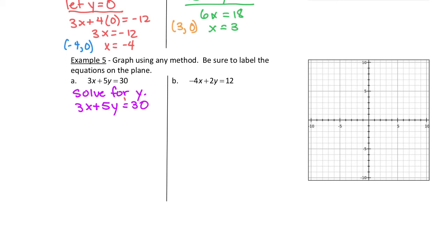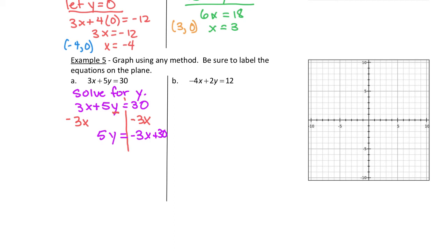I'm going to draw my line down my equal sign like I always do, and remember my goal is to get that y by itself. So I'm going to move this 3x, subtract it from both sides. When I do that, I get 5y equals negative 3x plus 30.